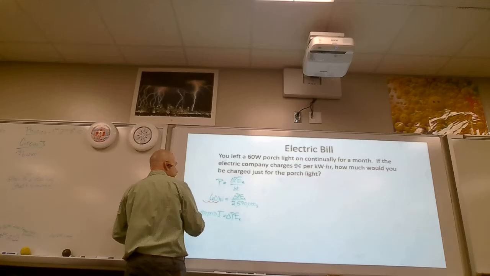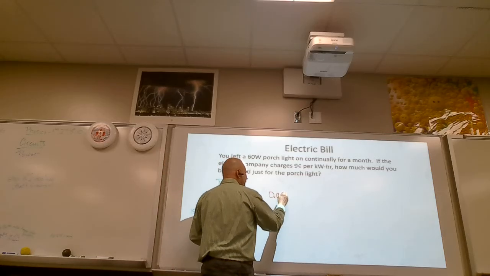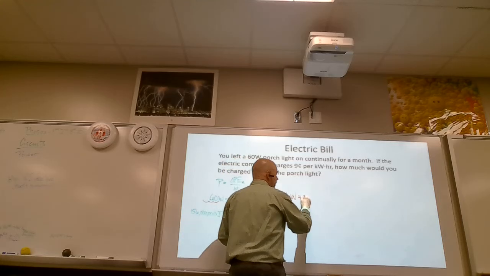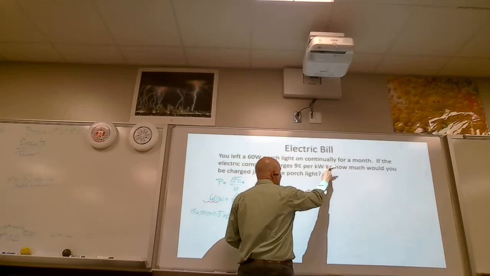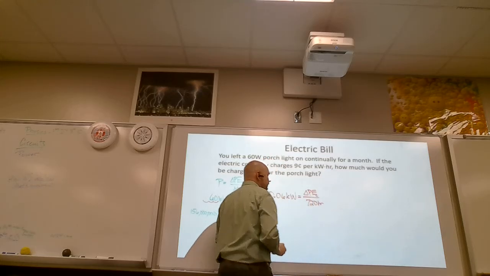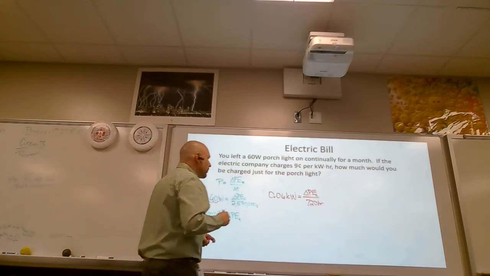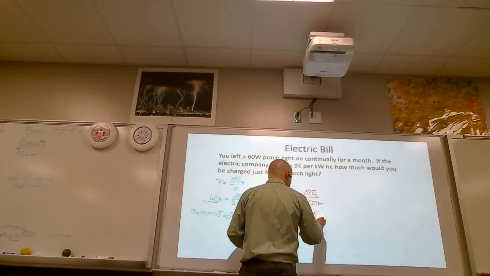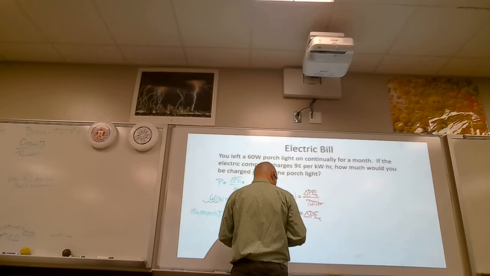So 1, 2, 3. So we have our wattage of 0.06 kilowatts, and we convert our time into not seconds but hours. So that's 720 hours. When we multiply that, we find that to be equal to 43.2.